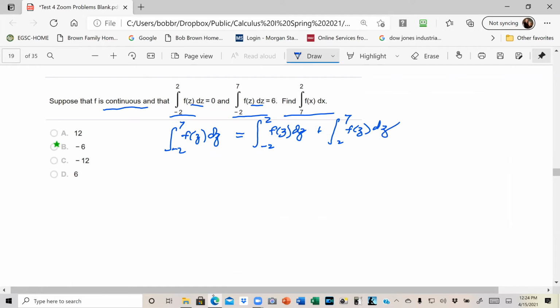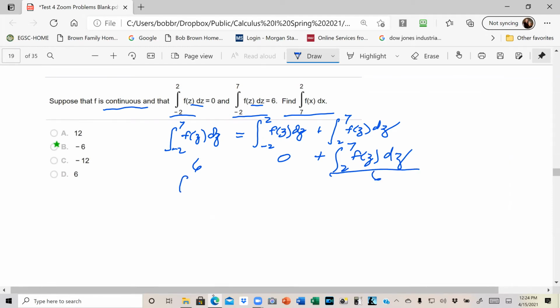dz. And now looking at the parts we know, from -2 to 7 is 6. From -2 to +2 is given as 0. Plus the integral from 2 to 7 of f of z dz. So now we know that this has got to be 6.